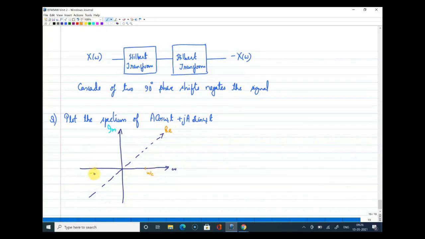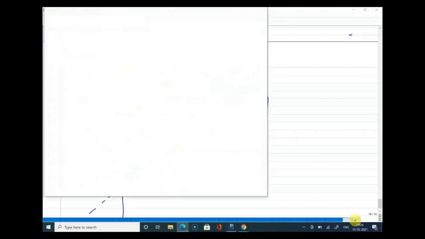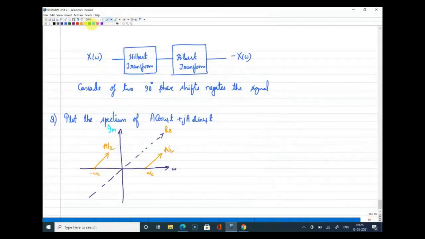At omega c and minus omega c, A by 2, this is A by 2. It is the cosine component. Now for the sine component, I'll use another color, which is here at minus j A by 2 and j A by 2.